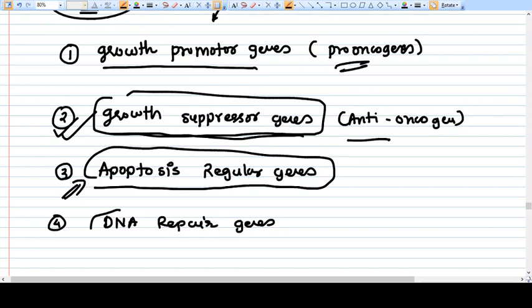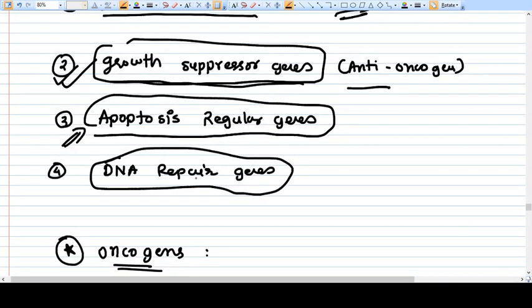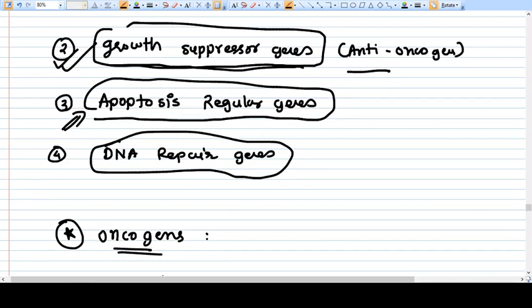There is also an assembly of genes called DNA repair genes, which repair the injured DNA, but this repair gene sometimes gets mutated. So DNA is not repaired, there are various mutations, and then comes the inactivation of needed genes. That's why the tumor happens.